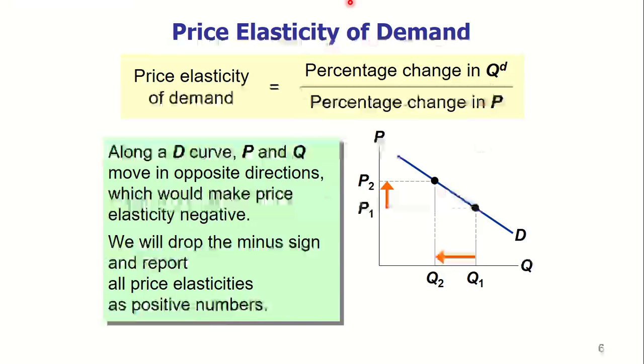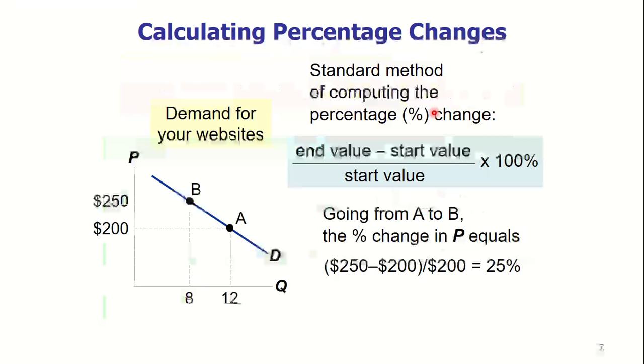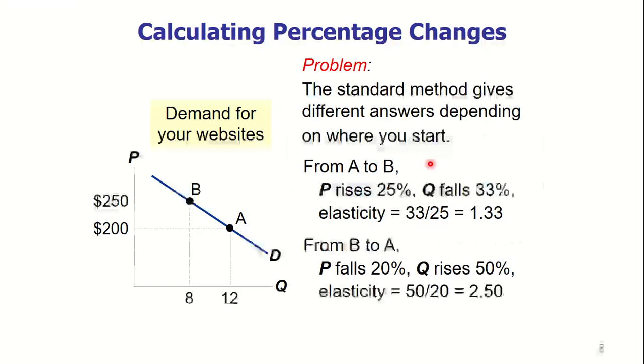This is the formula of price elasticity of demand, and with this formula we can calculate the percentage change in either the price or in quantity demanded. And here we have the percentage change in price, that is 25%, percentage change in quantity demanded, that is 33%. Then we can easily calculate elasticity, that is 33 divided by 25 is equal to 1.33.